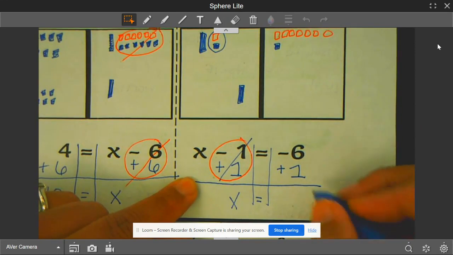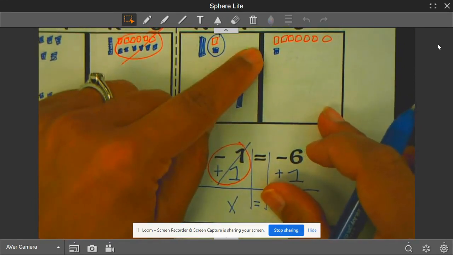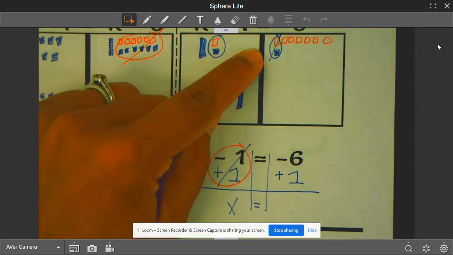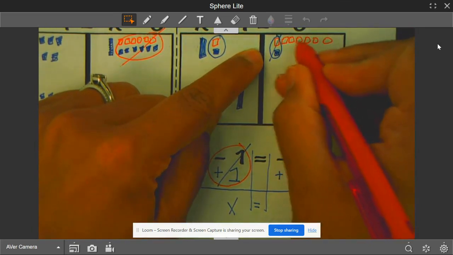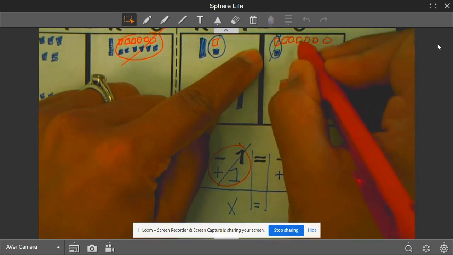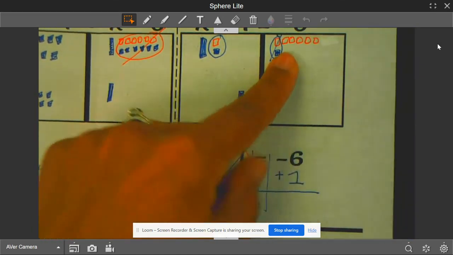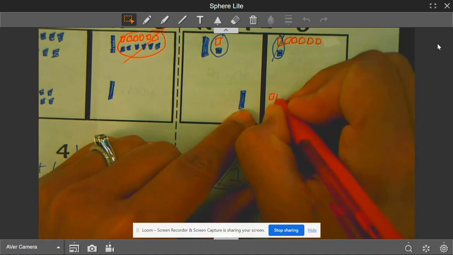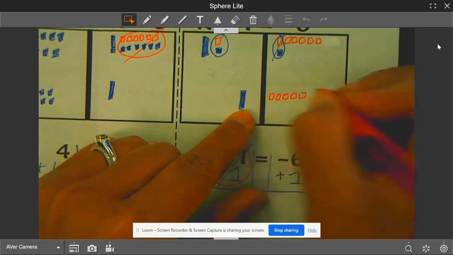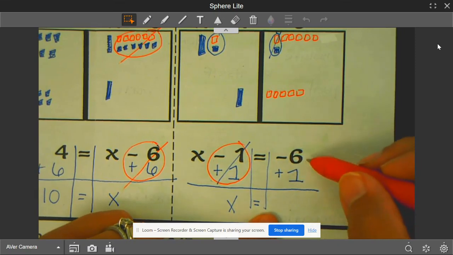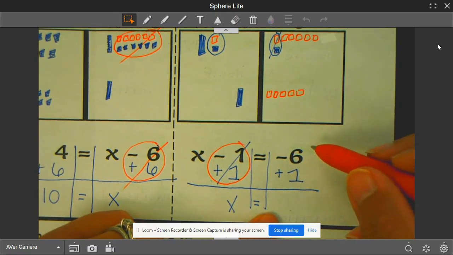All right, now, using the tiles, I am able to see that I have a 0 pair. So I ended up with 1, 2, 3, 4, 5, 6. So once I get rid of my 0 pair, I end up with 5 negatives. Here, I have to go back and remember the rule for integers.